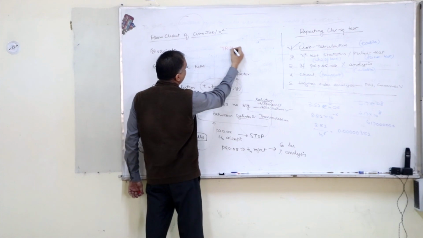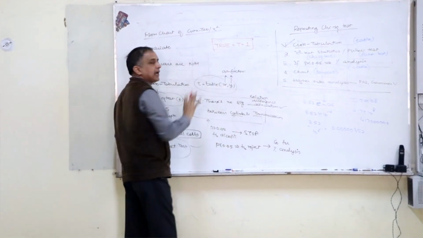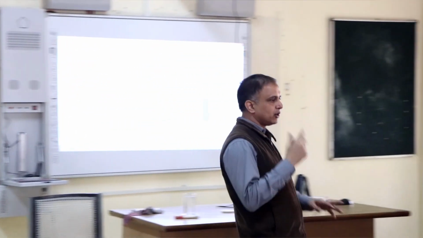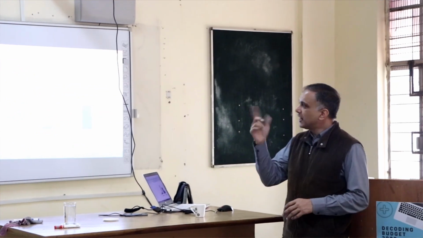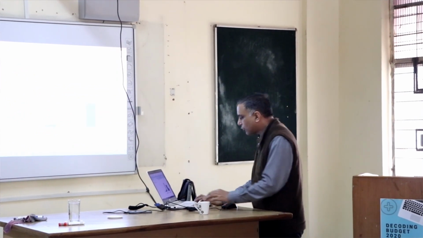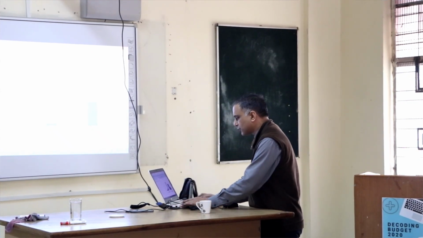When you want to write true, you can write it T, you can write it 1. All three have the same meaning. That's why when you see YouTube videos, you are often confused, why it's 1, what is meant by 1? Whether you write it as 1, whether you write it as TRUE or T, it means the same thing.